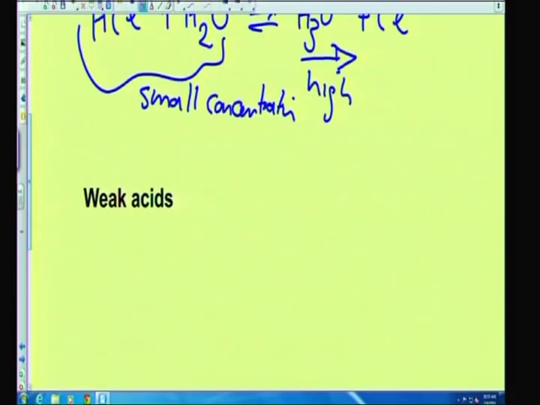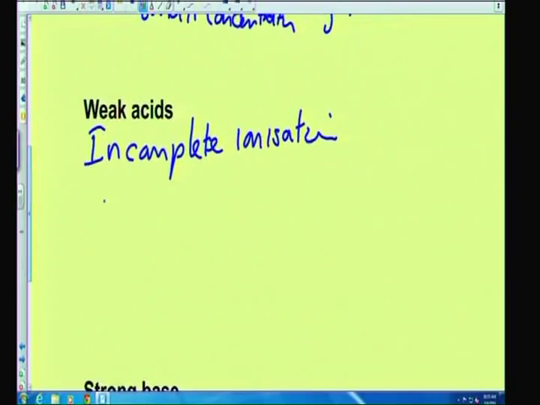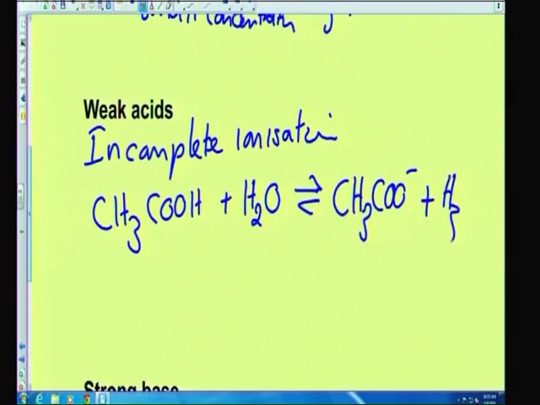Weak acids, we get incomplete ionization. So, for example, if we take vinegar, which is this substance here, and we add it to water, then we will get that forming.